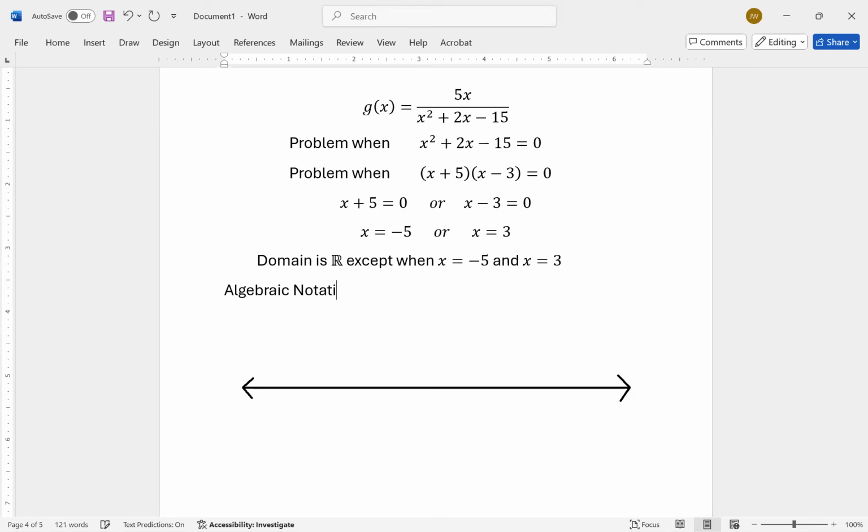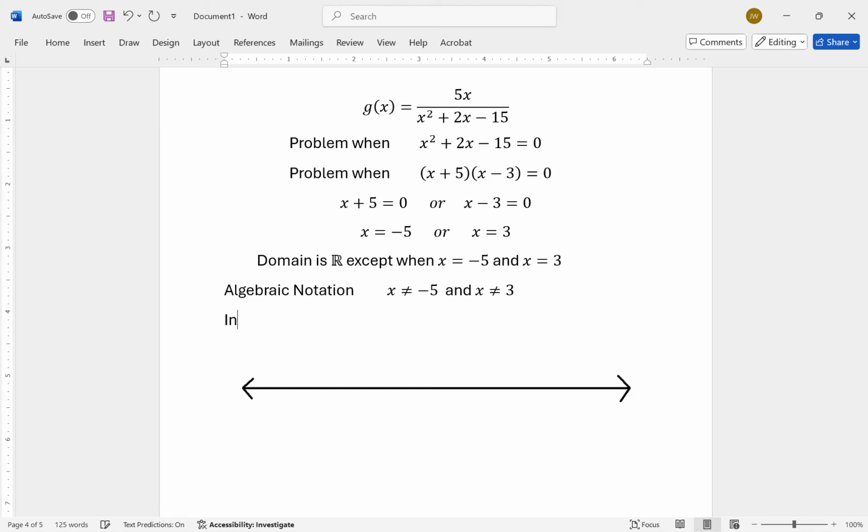It's basically everything except that x cannot be equal to -5 and x cannot be equal to 3. So the not equal to symbol looks like an equal to symbol with a slash through it.